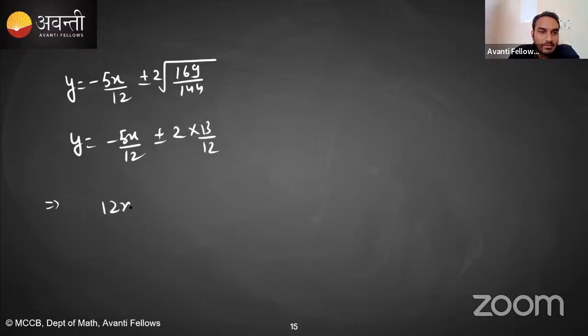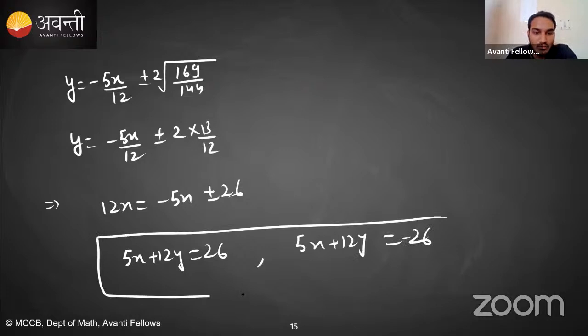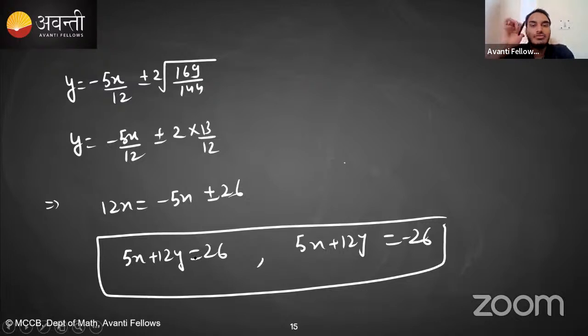So 12y is equal to minus 5x plus minus 26. So the equation of tangents are 5x plus 12y is equal to 26 and 5x plus 12y is equal to minus 26. So these two are the tangents. Clearly we can see that there are two tangents with the slope minus 5 by 12. Is this clear, students?